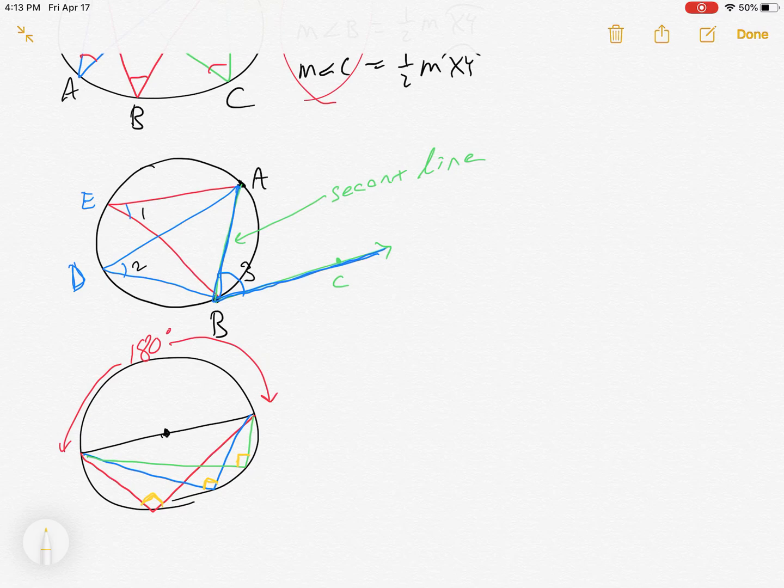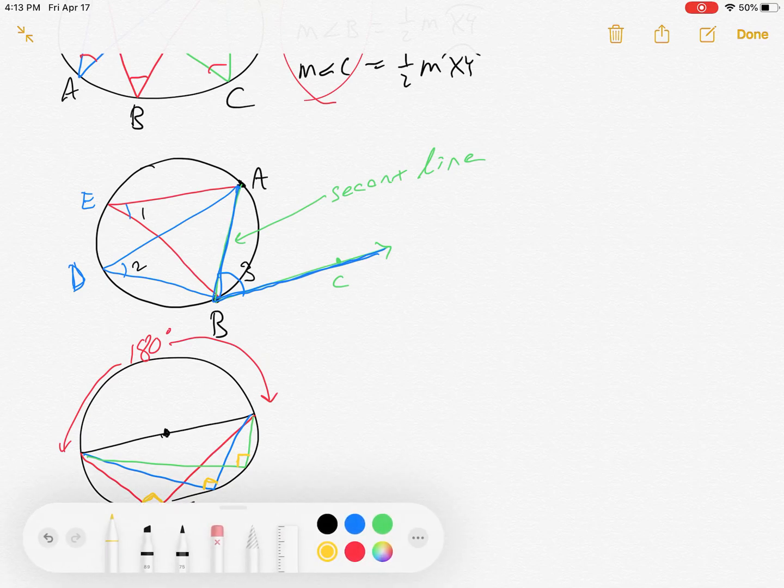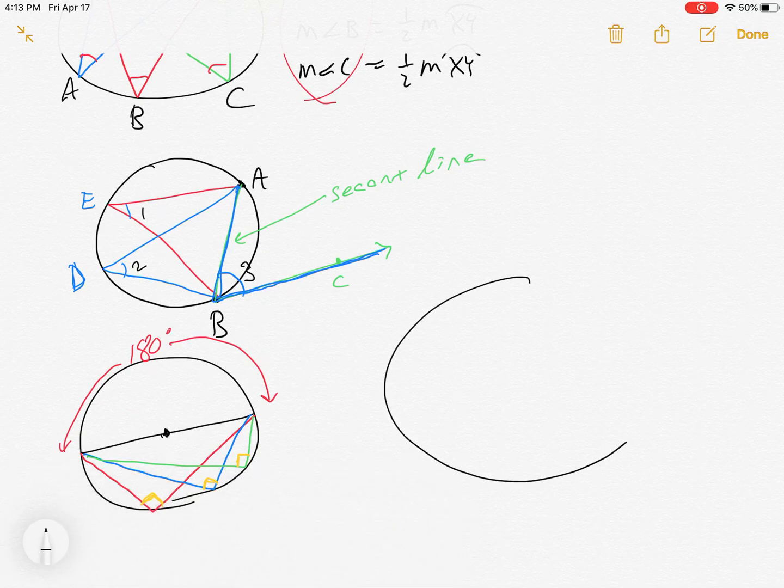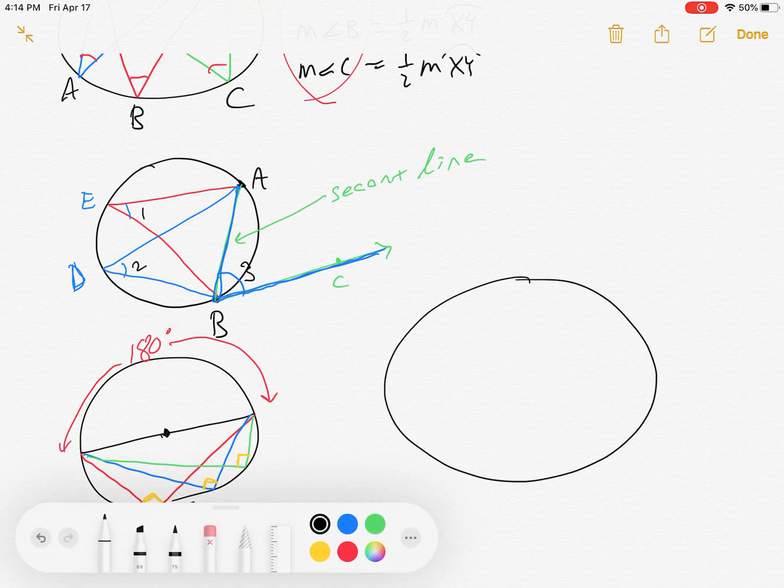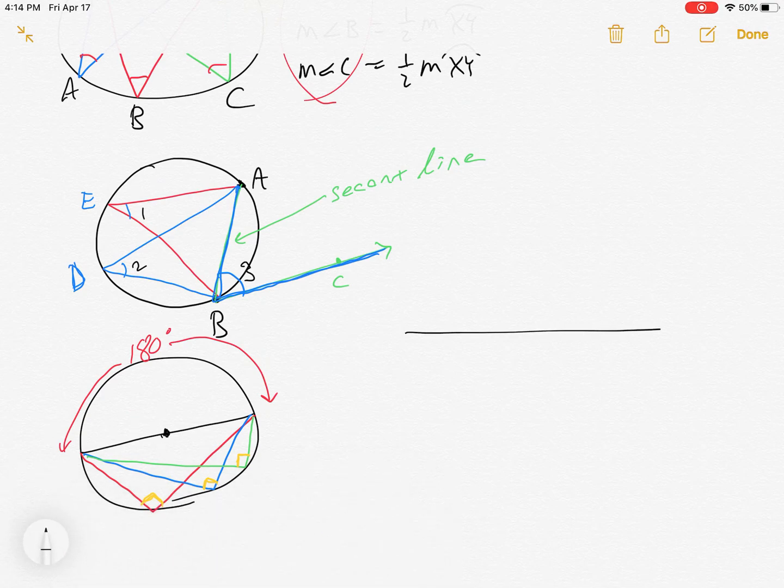But we can make this claim. An angle inscribed inside of a semicircle, where the hypotenuse is a diameter, will always be a right triangle. Let's say that again.